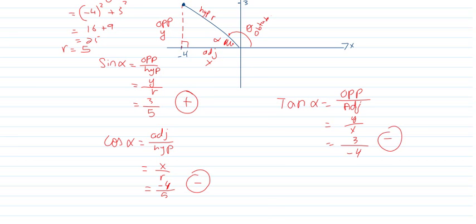Yes, because it's in the second quadrant. So now you know why, for obtuse angles, cosine and tan are negative. However, sine is going to stay positive, because y is positive in the second quadrant. So, first quadrant, sine, cosine, and tan are positive. In the second quadrant, sine is positive, the other two are negative. Are we okay with that?